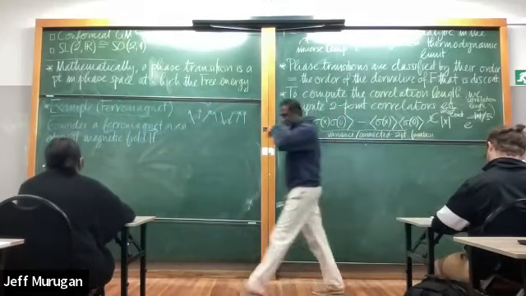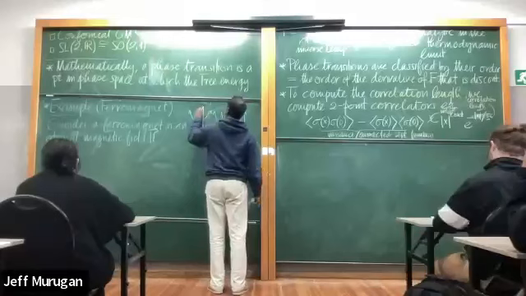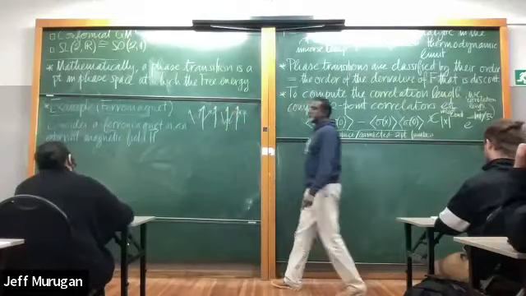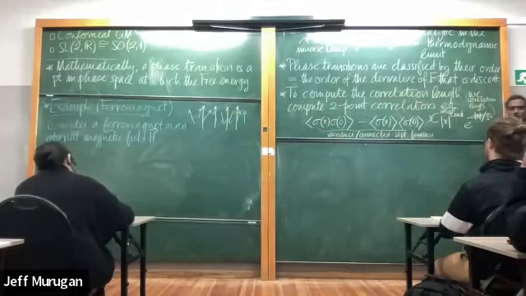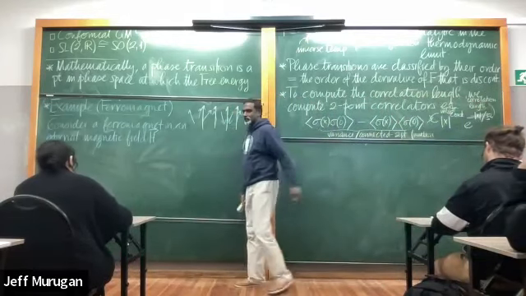And the point here is, if I have an external magnetic field, then the spins are influenced by that magnetic field, and they tend to align or anti-align, depending on the material that I'm talking about, with that external magnetic field.